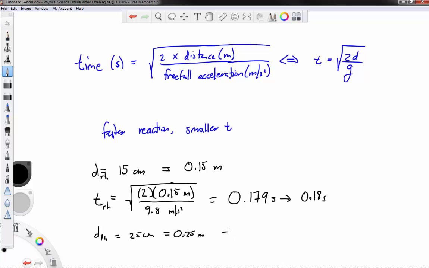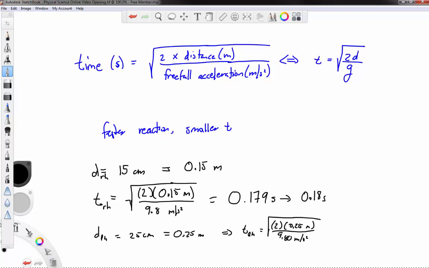So what that means is that the time for the left hand is the square root of 2 times 0.25 meters divided by 9.8 meters per second squared. By the way, the next digit here, depending upon whether you live up on a mountain or not, is basically going to be a 0.